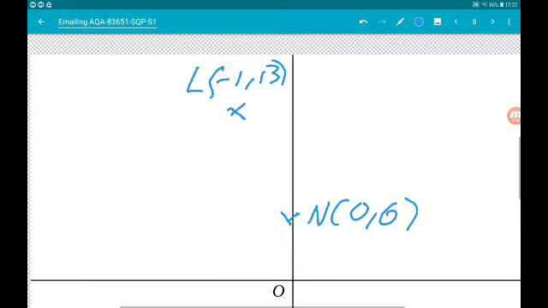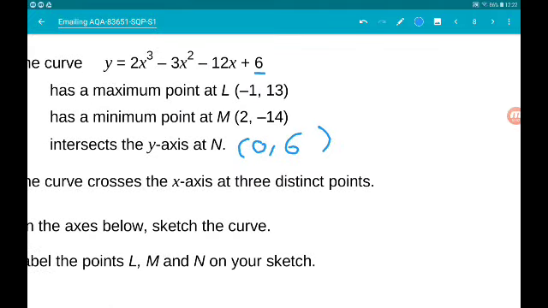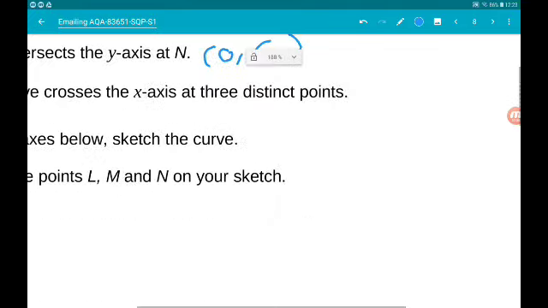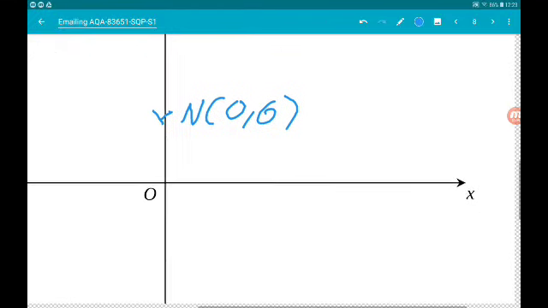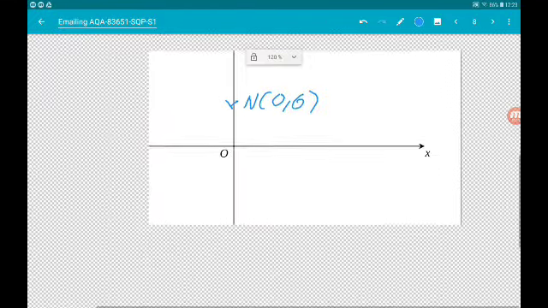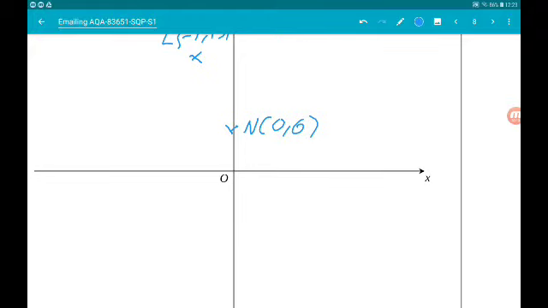And then M, the minimum, is at (2, -14). So that's going to be somewhere like this.